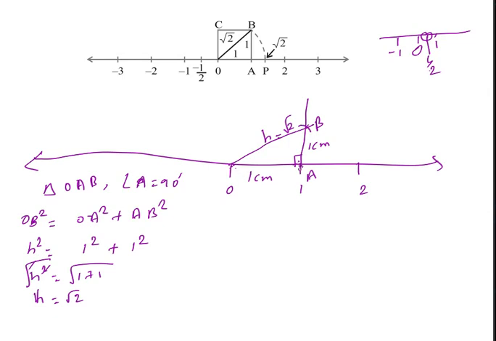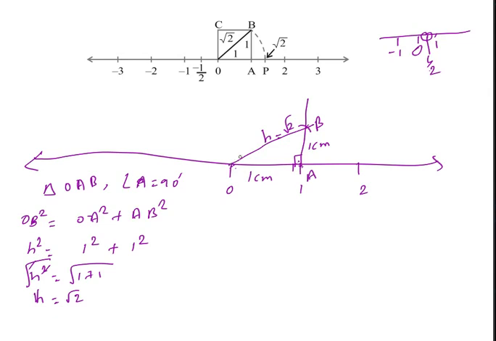So OA is 1 centimeter and AB is 1 centimeter and it is a right angle, so that we can use the Pythagoras theorem: the sum of the squares of the two sides equals the hypotenuse square. So H square equals 1 square plus 1 square, so H is root 2. The length of this hypotenuse is root 2, that means the distance from O to B is root 2.